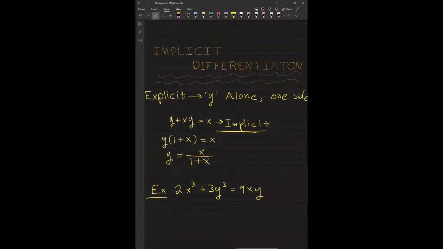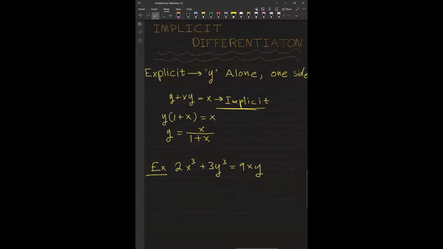Going back to the first example, if this is implicit and I can solve it explicitly, in fact, that will involve the quotient rule.